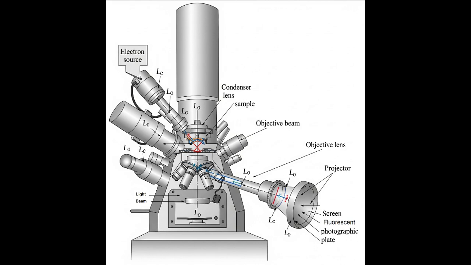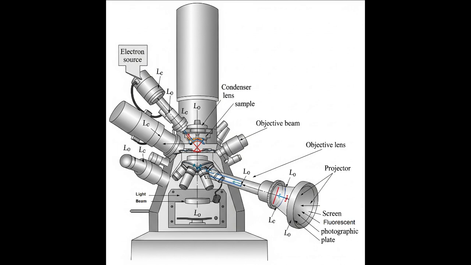Instead of a light source at the bottom, we have an electron gun at the very top. This is where electrons are generated and accelerated down the column. Below the electron gun, you see the electromagnetic lenses. Unlike glass lenses, these are coils that create magnetic fields to focus and steer the electron beam.